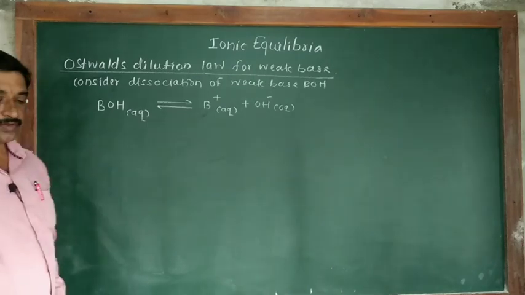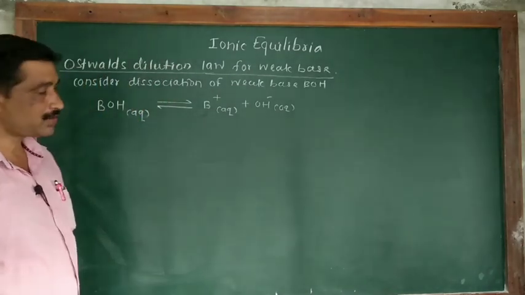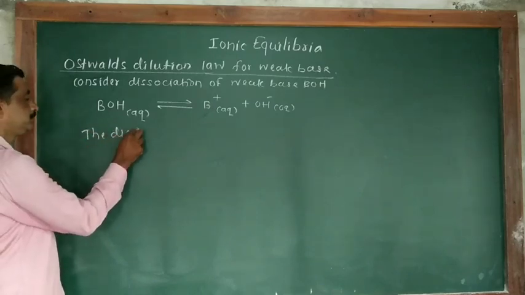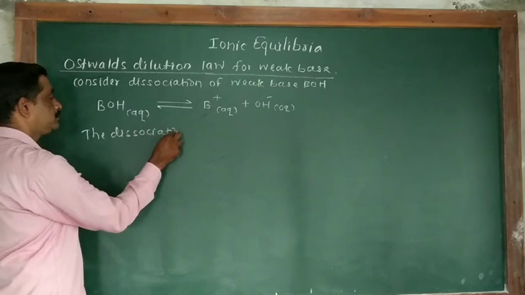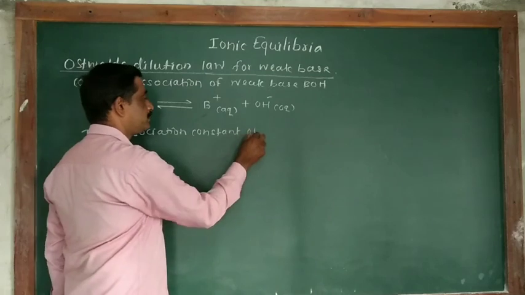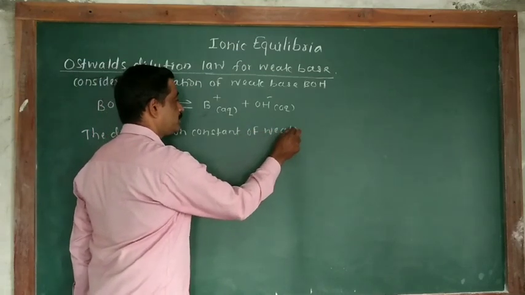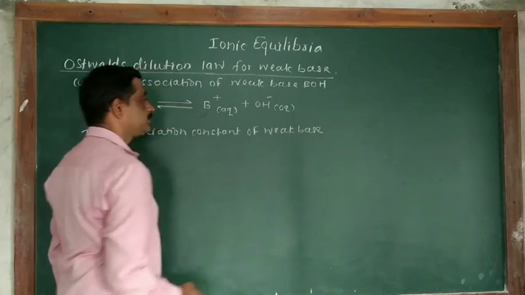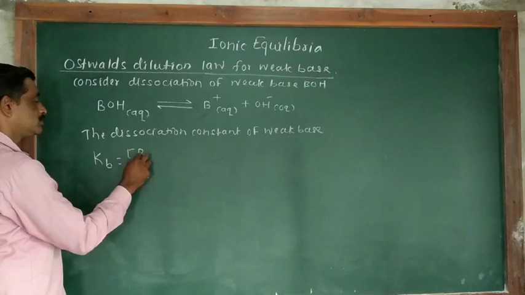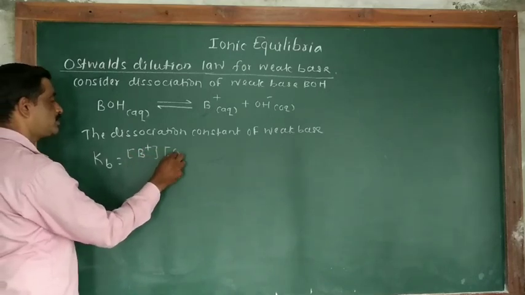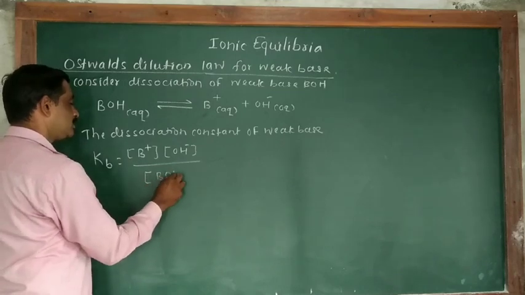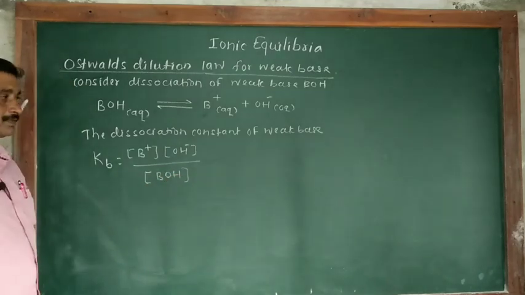When you consider the dissociation constant of this weak base, it is given by Kb is equal to the concentration of B plus ions into the concentration of OH minus ions upon the concentration of BOH.